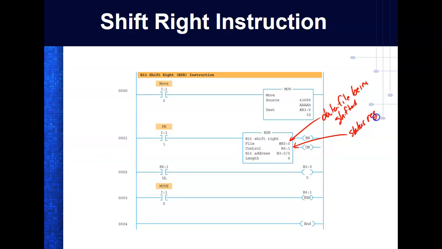So this is our flags, right? This is where the bit's coming from, and this is going to be the most significant bit, right? No, this is a shift right. Yeah, it's the most significant bit, yeah. And this is how many bits we want to shift.